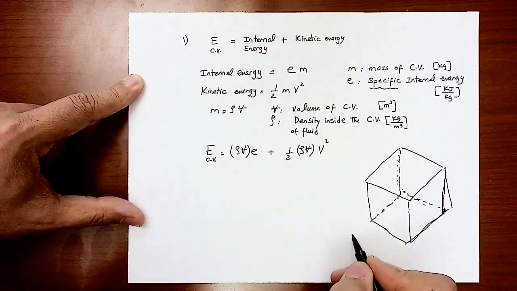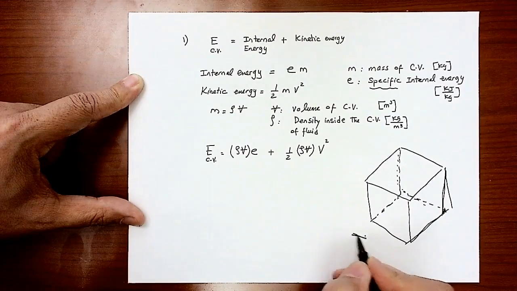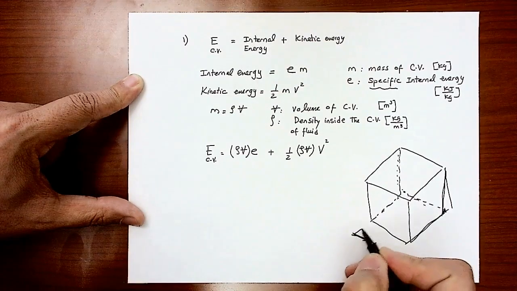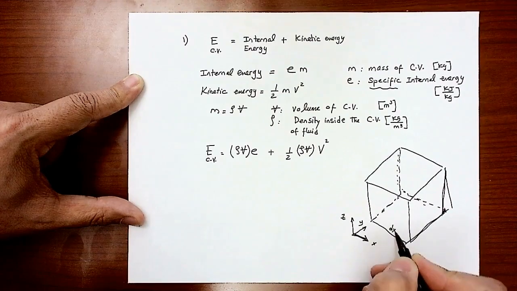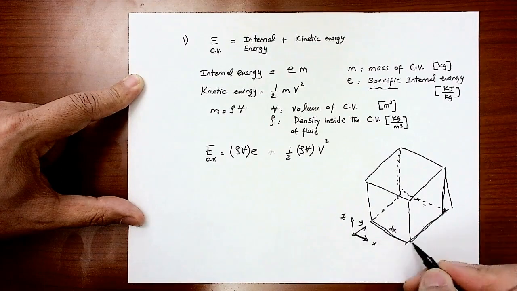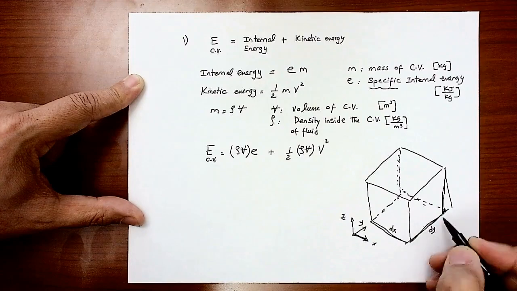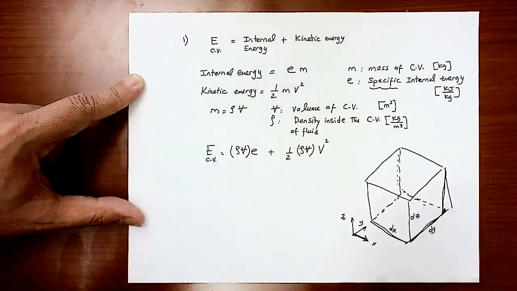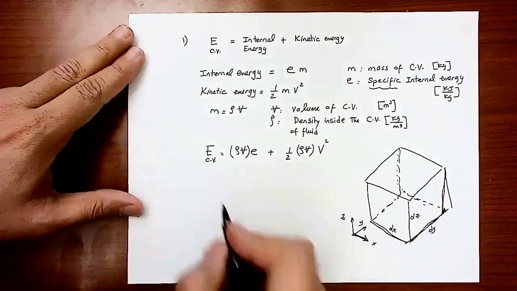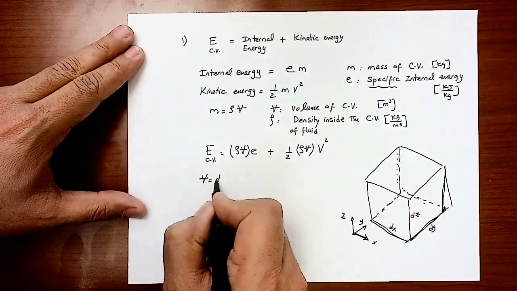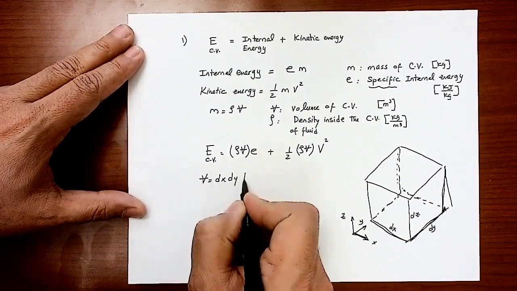Okay, so if I give that direction x, this is y, and this is z. So the dx is a side length in the x direction, dy is a side length in the y direction, and dz is a side length in the z direction. So I can simply replace the volume of the element by dx, dy, and dz.